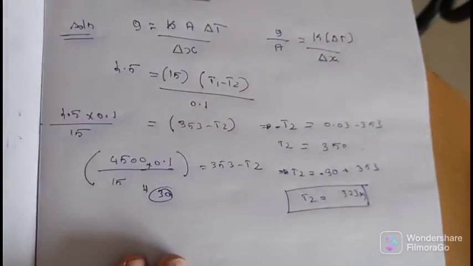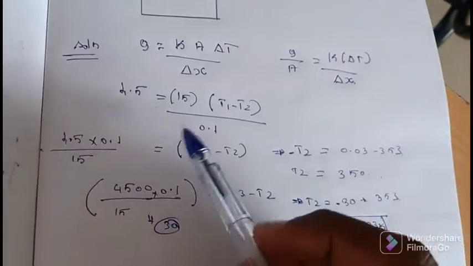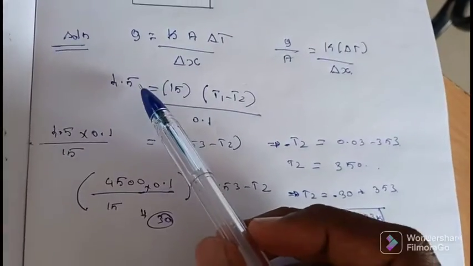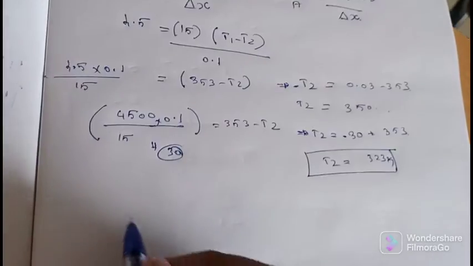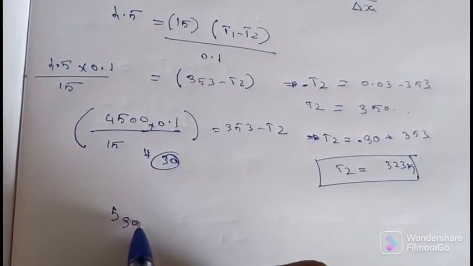So successfully we found T1 and T2. The mistake we made was that instead of 4.5 kilowatt we just substituted 4.5. Second, we go for entropy generation.